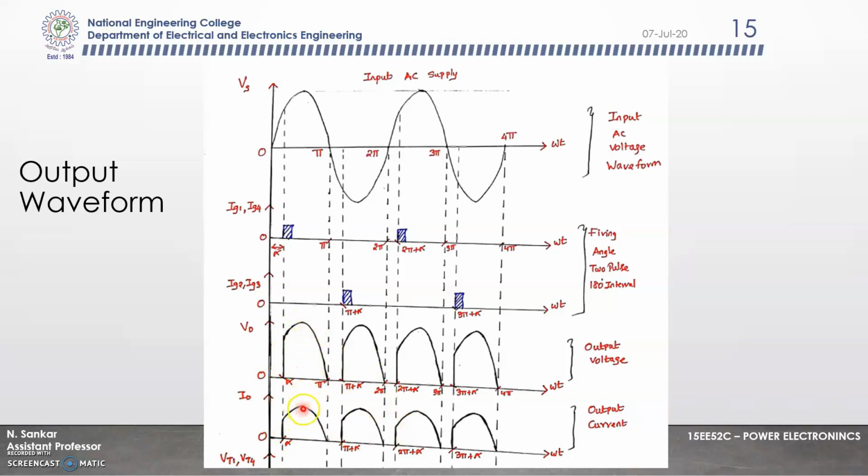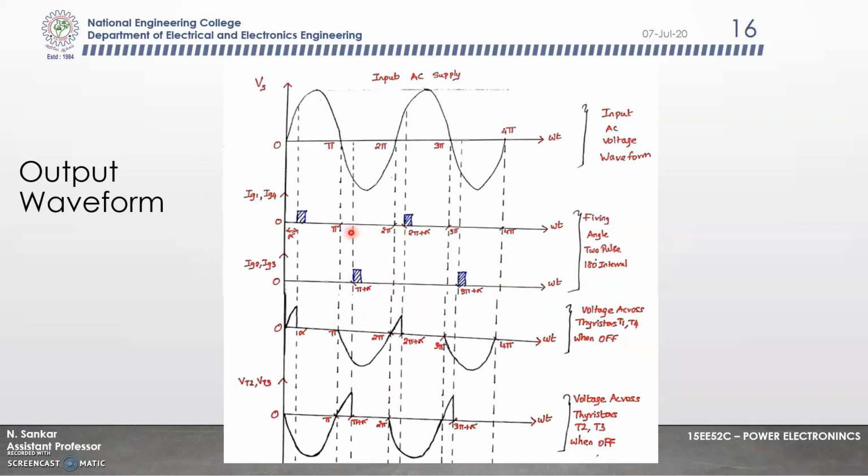The difference is that the peak is more for the voltage and less for the current, as per Ohm's law, I is equal to V by R. So there is a decrease in the current value compared to the voltage value, but the waveform is the same for both voltage and current. So this is the output voltage and output current waveform with the given firing angle for the full converter.